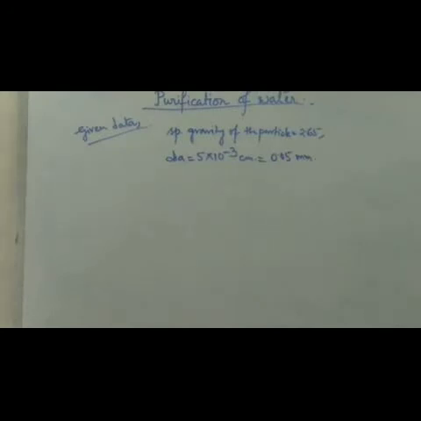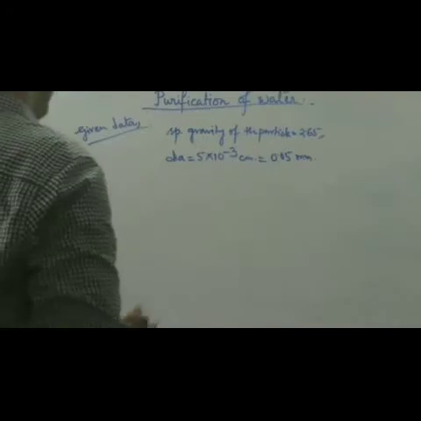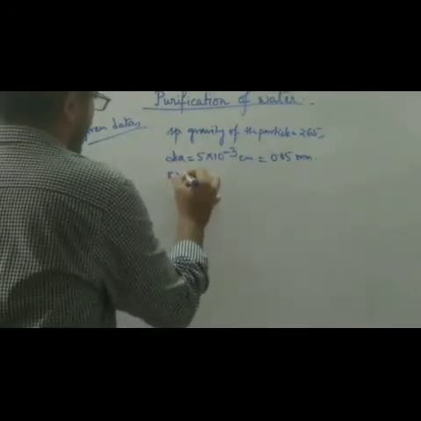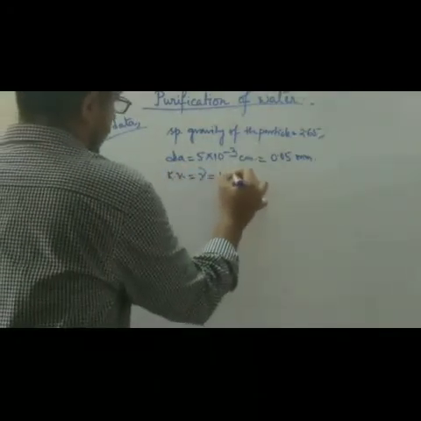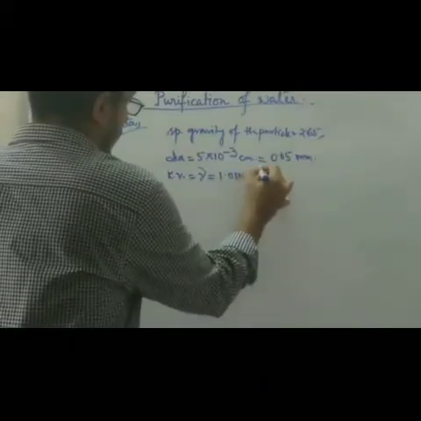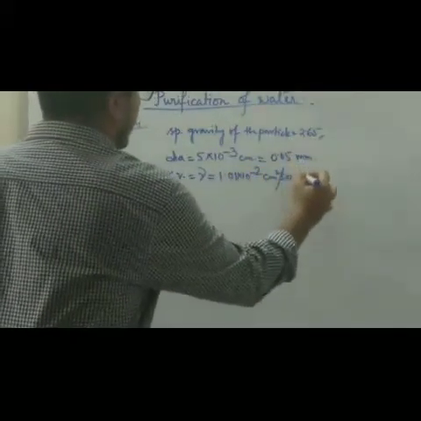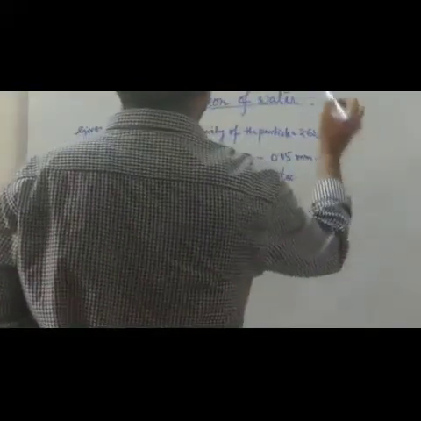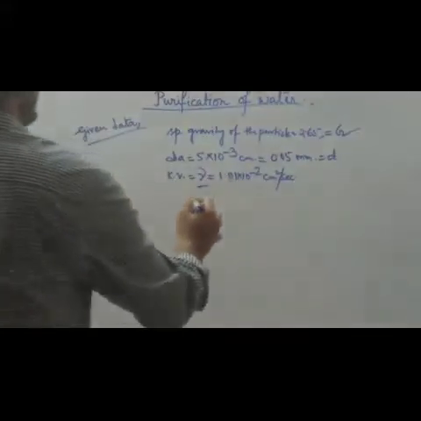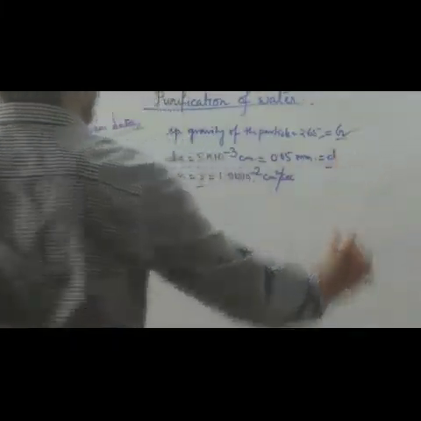That is also given, 1.01 into 10 to the power minus 2 centimeter square per second. This is denoted as capital G, this is denoted as D, and this is denoted as nu. Okay.